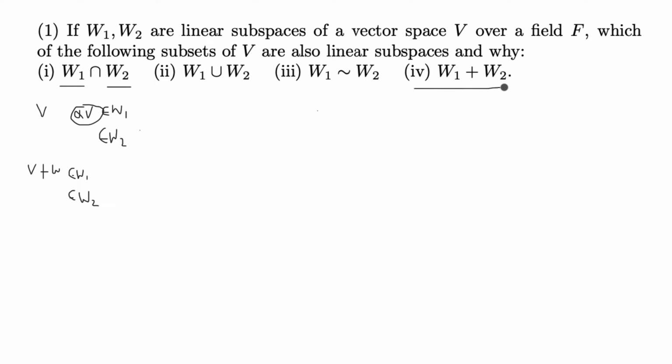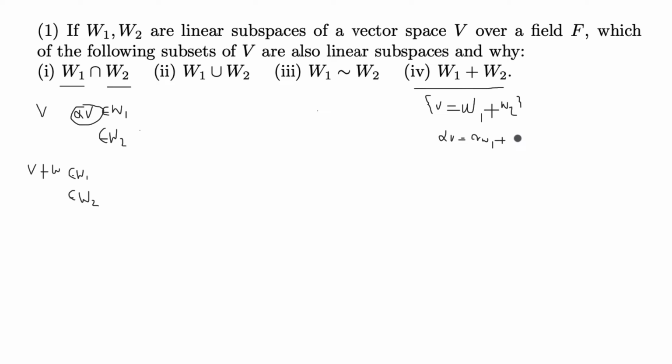Finally, let's show that W1 plus W2 is a subspace. First, let's recall what this means. This is the set of all vectors V that can be written as w1 plus w2, where w1 and w2 are inside big W1 and big W2 respectively. To show this is a vector subspace, we need to show all the things we've shown before. In particular, let's check alpha V. By distributivity, this can be written as alpha w1 plus alpha w2.